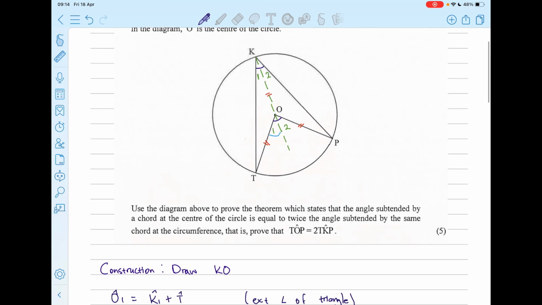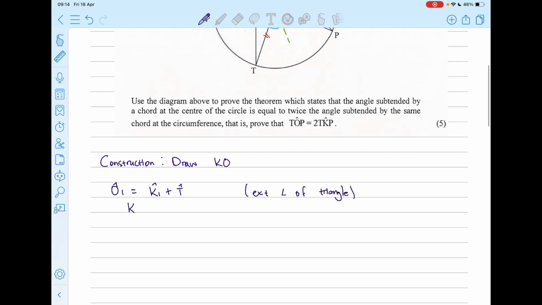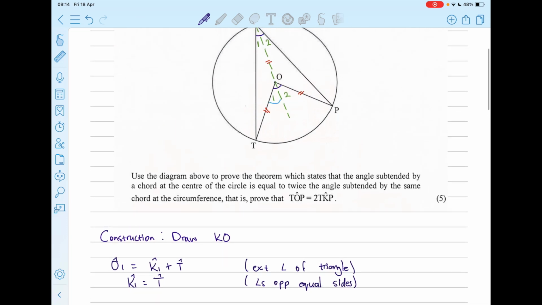Okay, so we saw that KO and TO are radii. So therefore, K1 should be equal to angle T. And this is because they are angles opposite equal sides. Basically, the angle subtended by equal sides, creating an isosceles triangle.